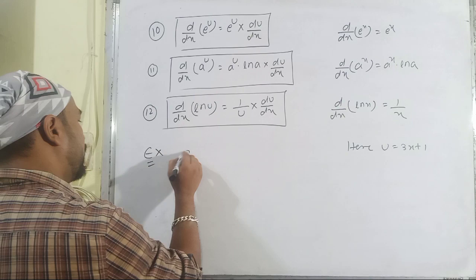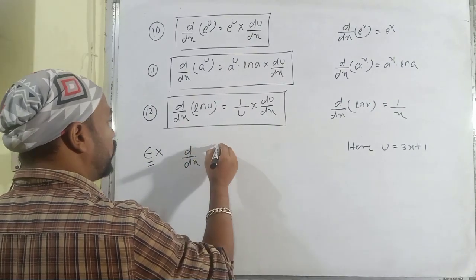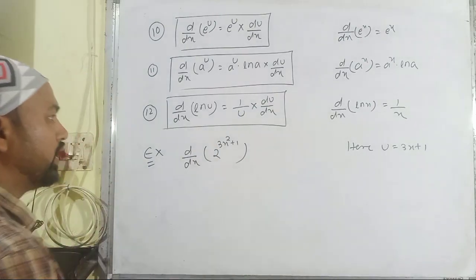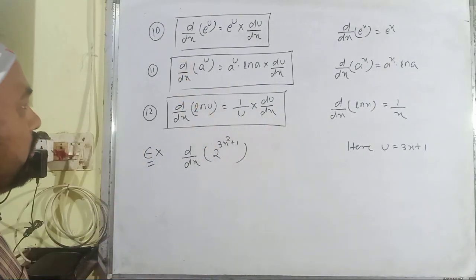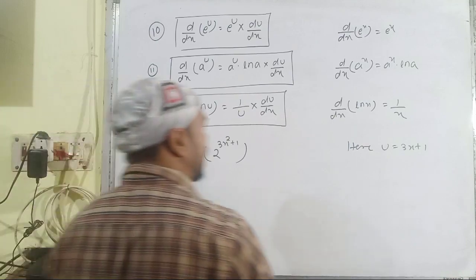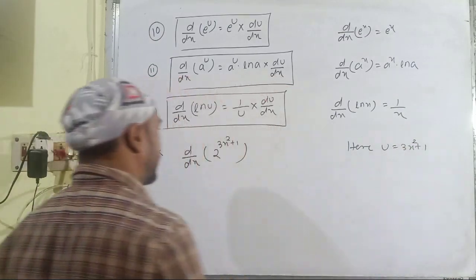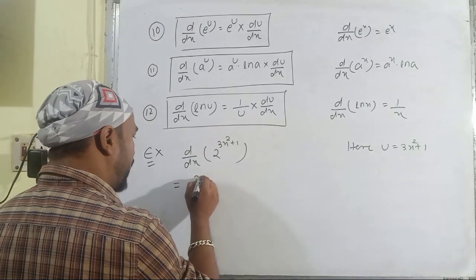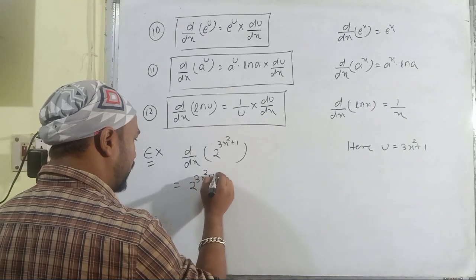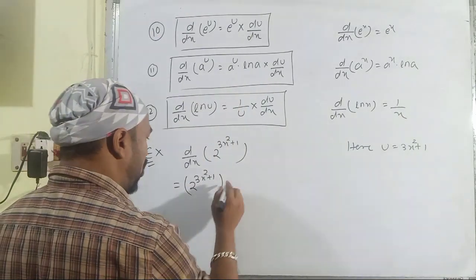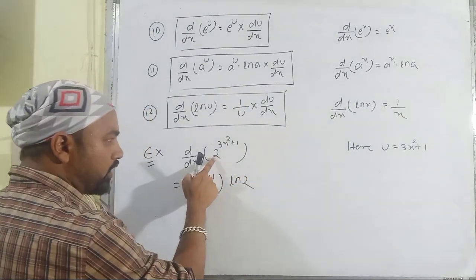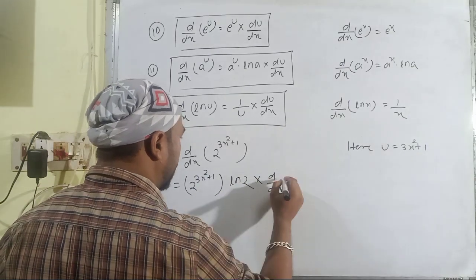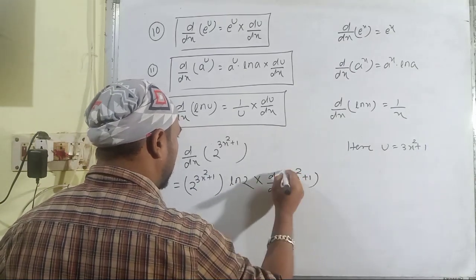Again, let us consider another example based upon this formula number 11. Differentiation of 2 to the power 3x square plus 1. It is based upon the formula number 11, and here u is equal to 3x square plus 1. So it will be 2 to the power 3x square plus 1 multiplied with ln a, that means ln 2, here a is equal to 2, multiplied with the differentiation of u, that is 3x square plus 1.